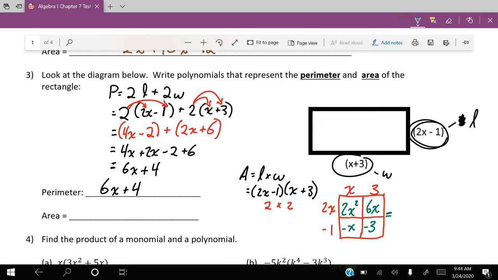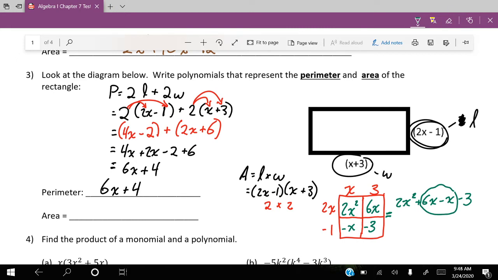Now what I need to do after that is simply write them out. I'm going to do this like I'm reading a book, left to right, top to bottom. So 2x squared plus 6x minus x minus 3. My last step for the area is to make sure I combine any like terms. And we can notice that 6x minus x can be simplified.